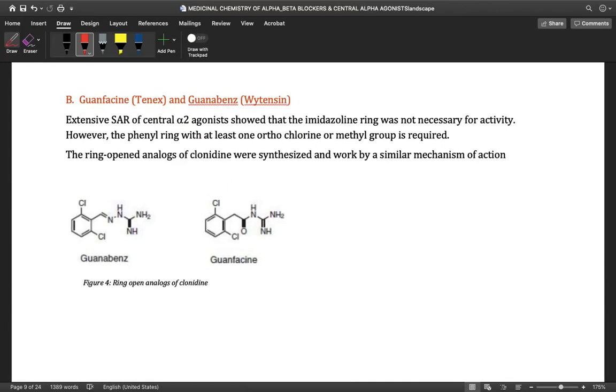So, as I was mentioning earlier, after studies of central alpha-2A agonists, it was found that the imidazole ring is not necessary for activity. Not necessary for activity. However, the phenyl ring and at least one chloro was necessary for activity.